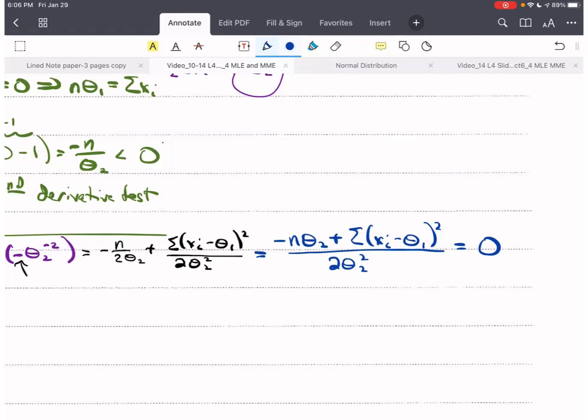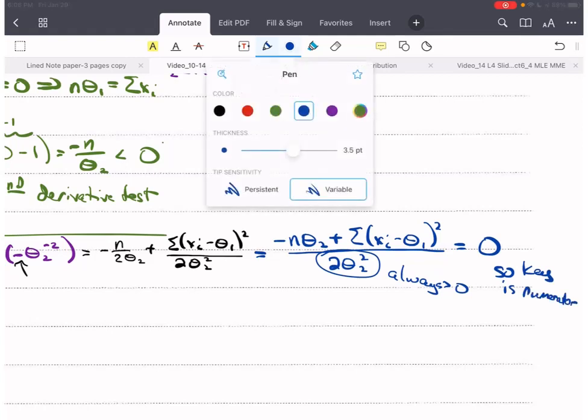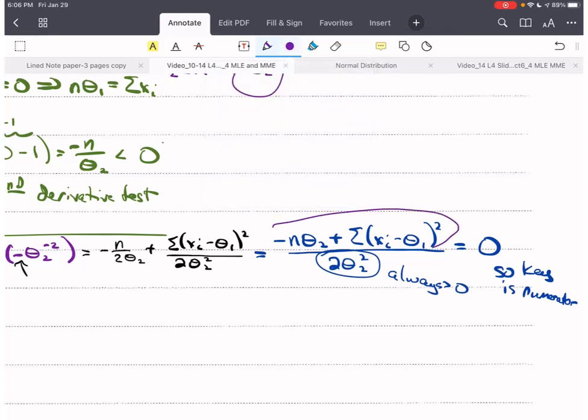Okay, so this is always greater than 0. So to get this to 0, that leaves me with the numerator. Always positive, always greater than 0. So the key is the numerator. Okay? I need to set this numerator equal to 0 in order to make the whole thing 0. 0 divided by a positive number is 0, right?